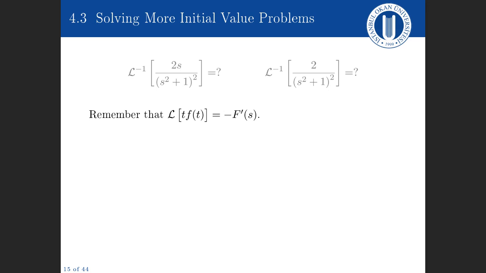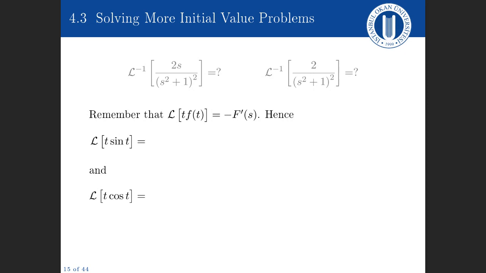Let me remind you of a formula from the last lesson. The Laplace transform of t f of t was minus capital F prime of s. We're going to be using this to find the Laplace transform of t sine t and t cos t.